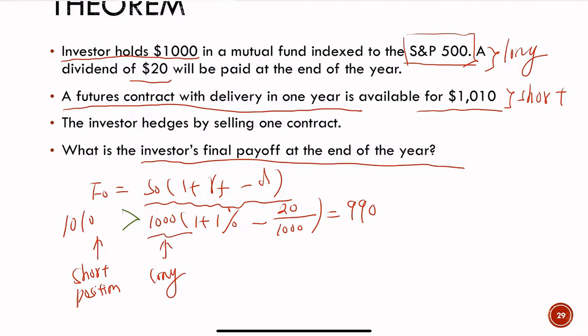And how do you take the long position? Well, you need some money to buy this S&P 500. So you will actually borrow some money to take the long position in the equity.